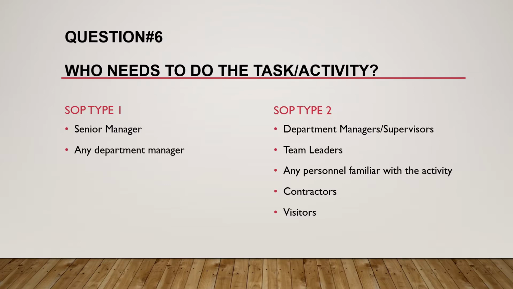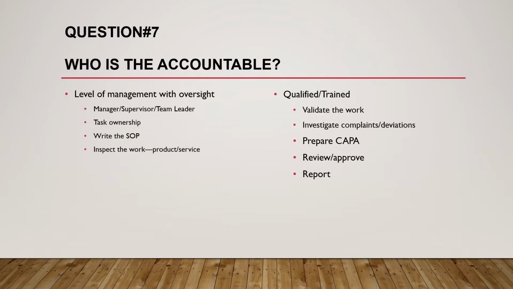The type 2 SOP, your operational SOP, which are very instructional, are typically carried out by department managers, supervisors, team leaders, any personnel familiar with or trained on the activity, contractors who are familiar with the work, and sometimes visitors, depending on the type of SOP. So now we know who may be responsible for the work, depending on the level of difficulty, the task itself.